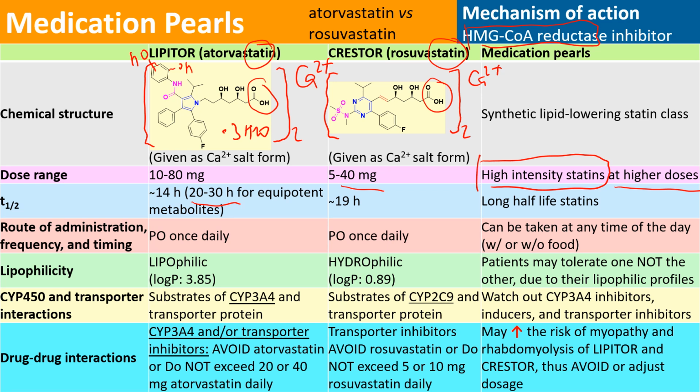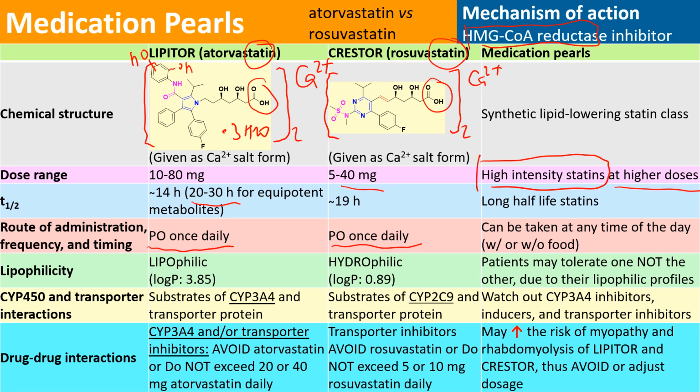Collectively speaking, both statins are long half-life statins. Therefore, both are taken orally once daily. Also, given their long half-life, they can be taken at any time of the day, with or without food.